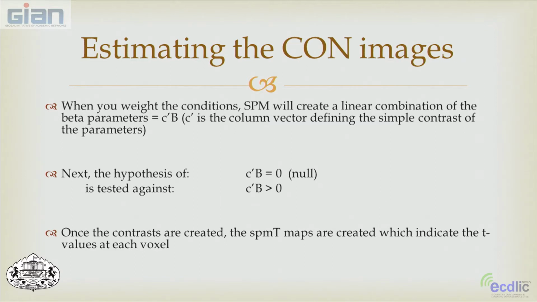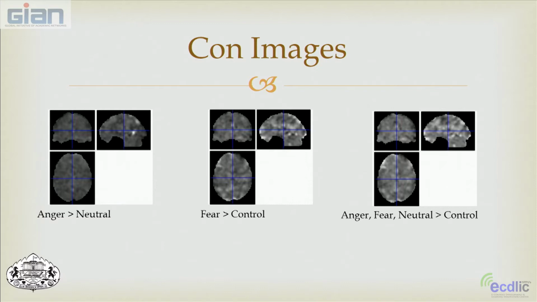So once these contrasts are created, SPM creates what's called an spmT map, and these indicate the T values at each voxel. So these are our contrast images, okay? So the far left I show is anger greater than neutral, middle is fear greater than control, and the last one here is anger, fear, neutral greater than control.